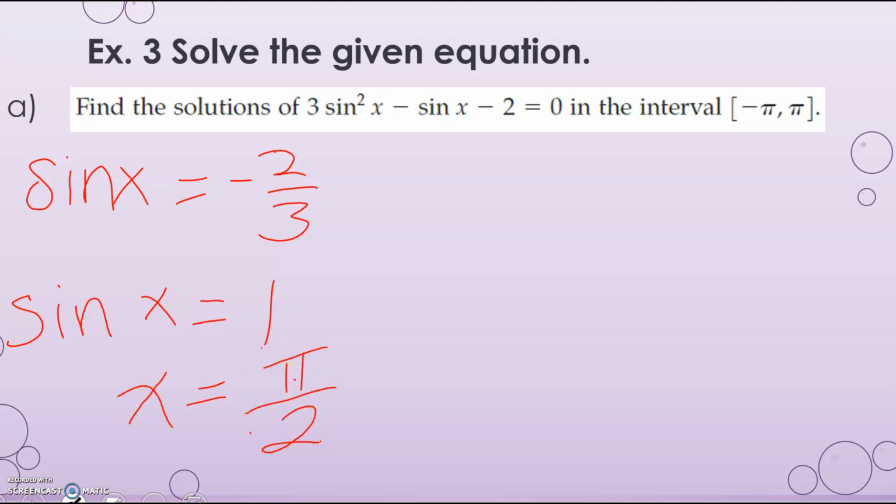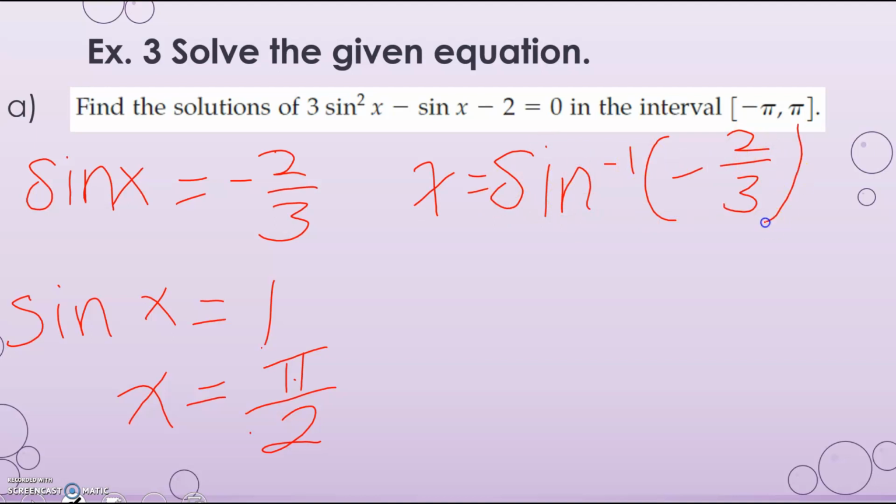Now, for this top one, sine of x equals negative 2/3. If I cannot figure out what the angle is without a calculator, that probably tells me I need a calculator. So then we're going to rewrite this as x equals inverse sine of negative 2/3. Okay, which then I need a calculator. And again, please check to make sure your calculator is in radian mode before you start using it.